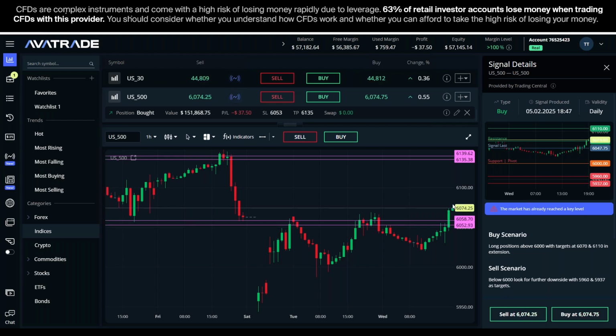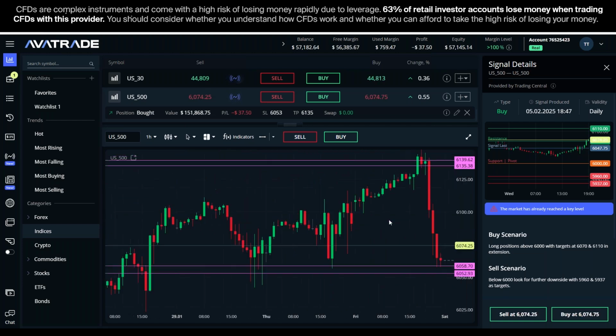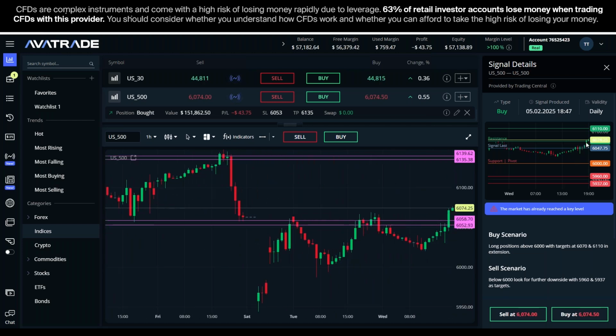Maybe it does reach the second one, maybe it doesn't. You see it's hesitating. Why is it hesitating? It reached maybe a smaller resistance level over here somewhere that Trading Central saw, okay? These take profits are at various resistance levels, maybe looking at smaller candles than we were looking at when we see the main resistance up here on the 1 hour candles, okay?